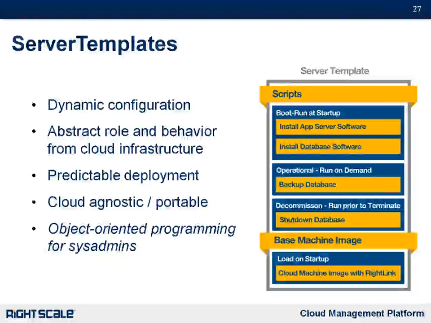It'll become a lot clearer that way. And what we're going to focus on here is this concept of server templates, which really lies at the core of RightScale. This logical diagram that you see on the right side really has two main sections, base machine image and scripts. In a server template, as opposed to a virtual machine where everything is baked into a big file and every time you stand it up it's an identical copy, the server templates are a lot more modular and a lot more dynamic.